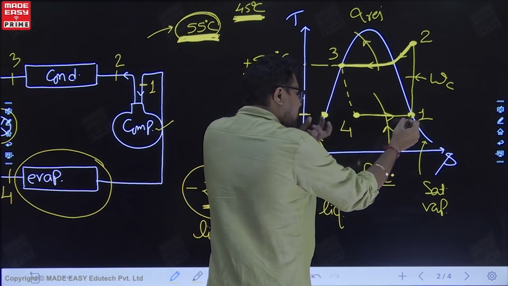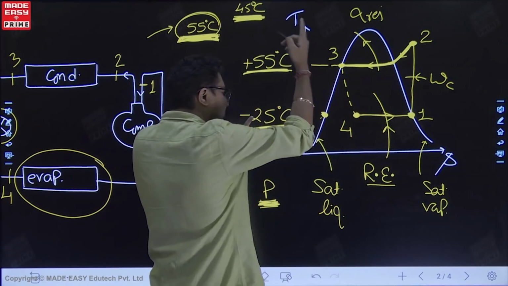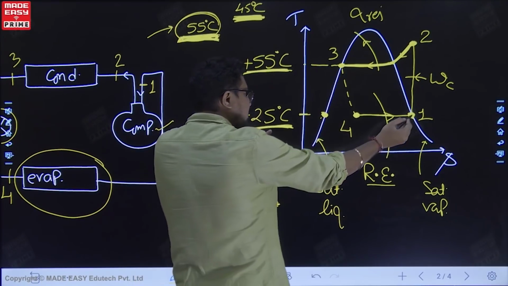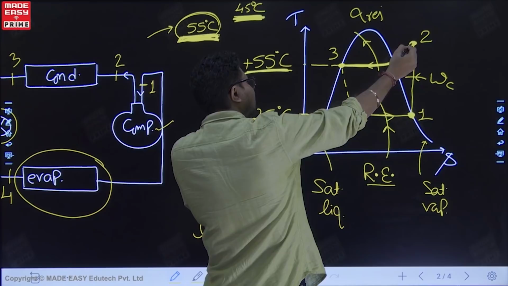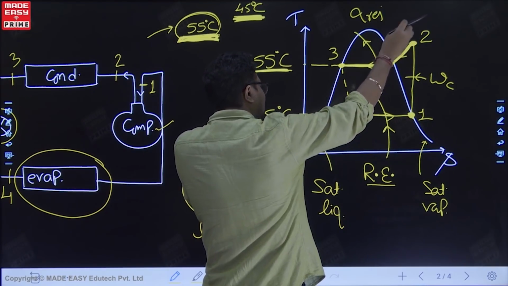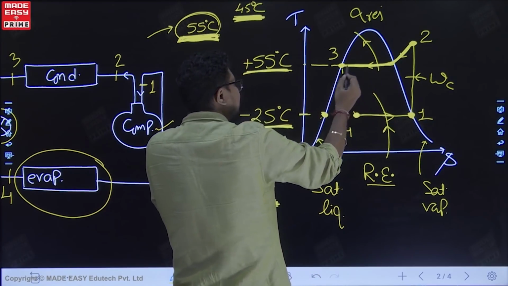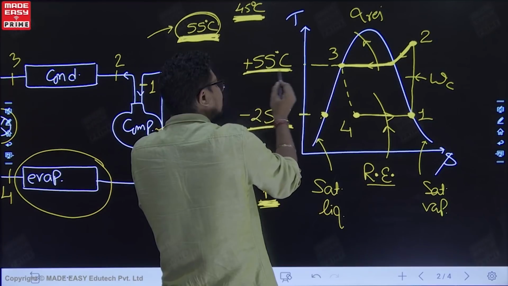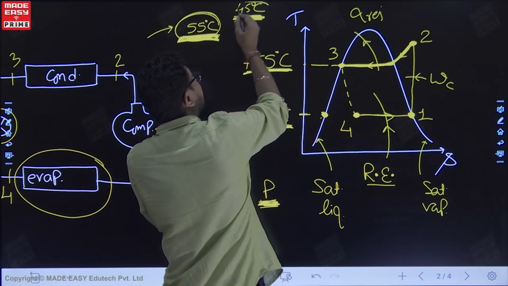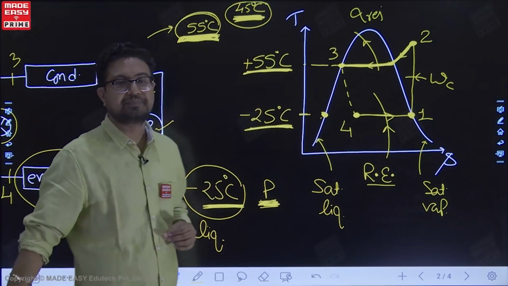So we have absorbed a lot of energy, we want to reject energy, but the surrounding is at 45, we are at minus 25. What to do? Compress this. Increase the pressure to such a value that now when you reject heat at constant pressure, you don't go below 55. Your phase change takes place at 55, which is above this, and you are able to reject all the energy.